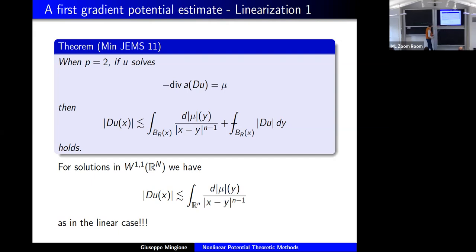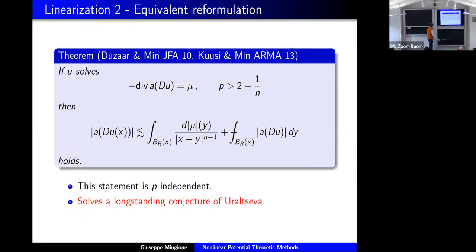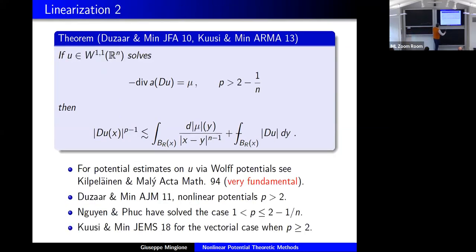Okay. What about the general degenerate case? In the general case, there is a theorem that tells you, even more surprisingly, that with p minus 1 there's no difference. So once again, this estimate is in some sense trivializing the regularity theory of the gradient of these equations, because for any property you would like to have on the gradient, there's no difference between this equation and the Poisson equation.